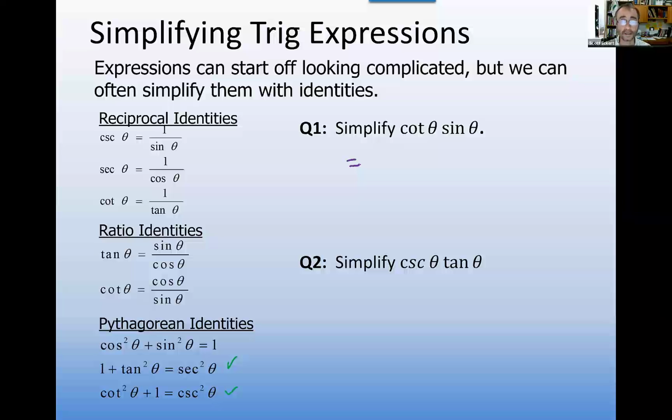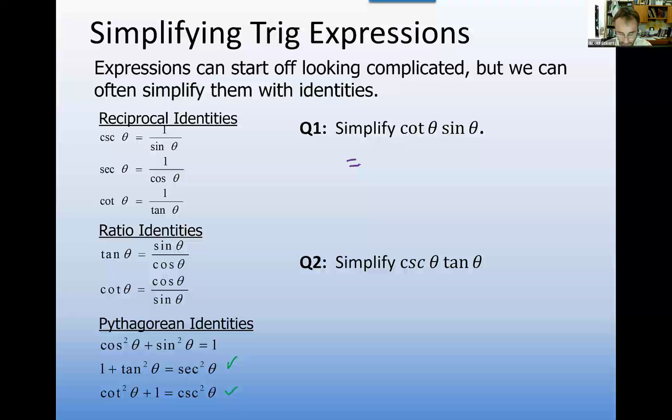Sine and cosine are the best trig functions. They're the most comfortable, our most user-friendly trig functions. So whenever we have an expression that has tangent, cotangent, secant, cosecant, those are not the user-friendly functions. So it would be nice to swap them out with something better.